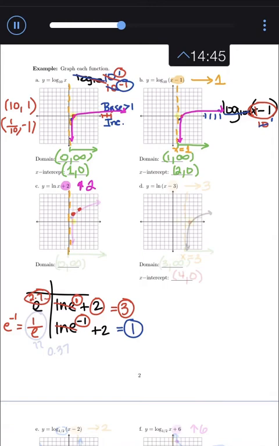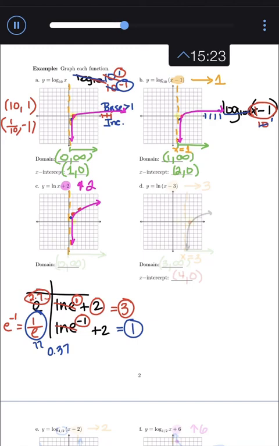So by plugging in 1 over e, which we've talked about a couple of times, is about 0.37, when I plug in 0.37, I get out 1. So it'll look something like this. And then I can draw my logarithm graph going through my points.